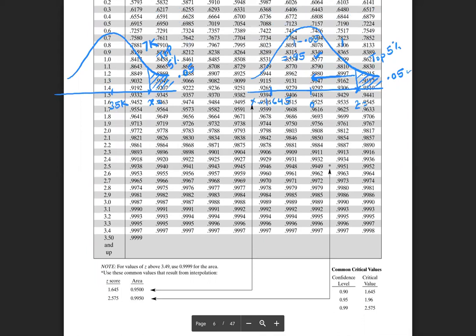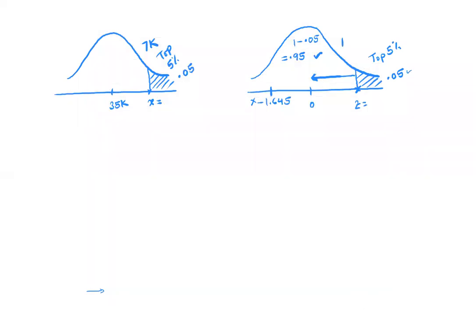The middle of these is 1.645. So the z value associated with 0.95 is going to be 1.645.